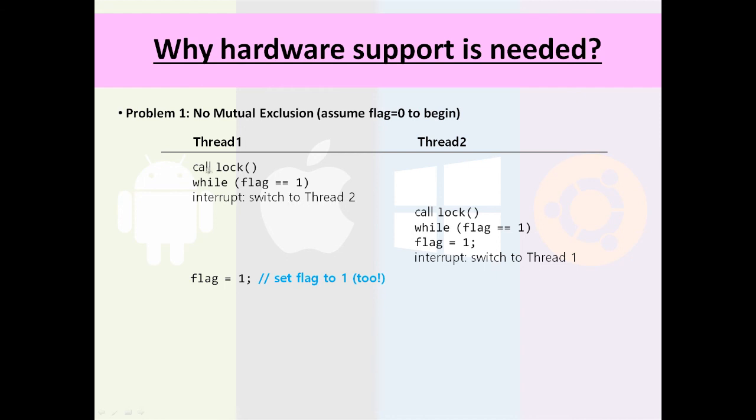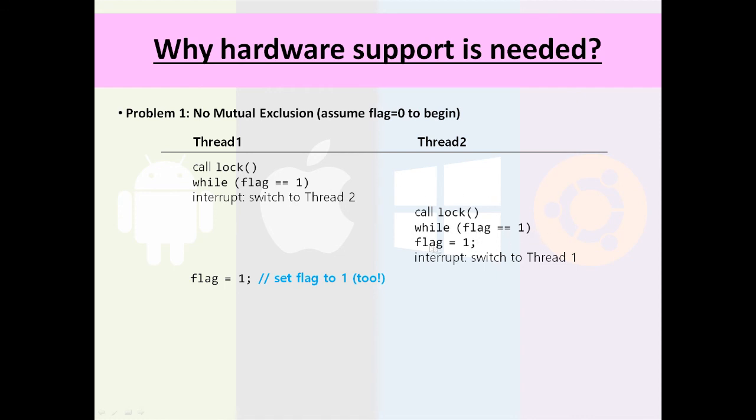What ends up happening is I call lock, and that says while flag's equal to 1, and then while this occurs I then interrupt and switch to thread 2. So before I have a chance of actually acquiring the lock by setting the flag equal to 1, I get swapped out. Then thread 2 says, well, I'm going to call lock while flag's equal to 1, while it's equal to 0. I didn't get a chance to change it.